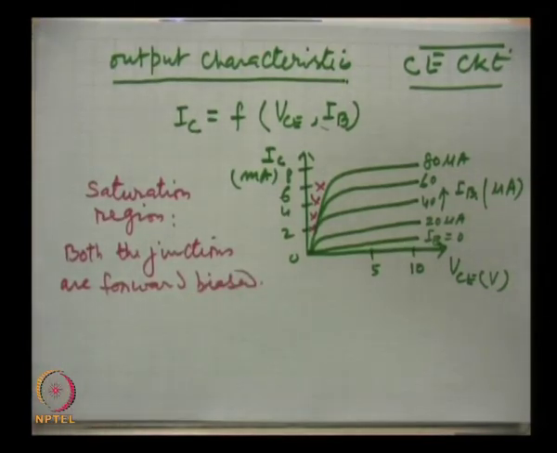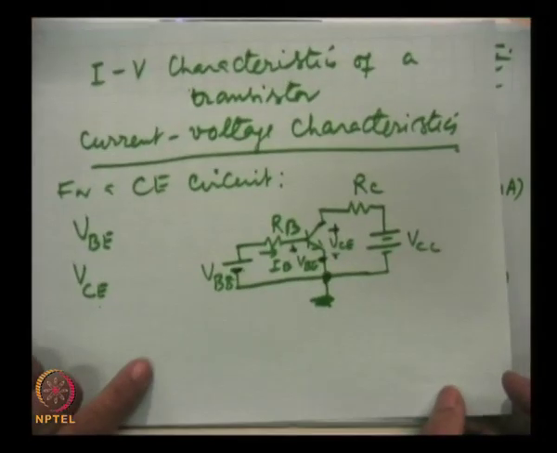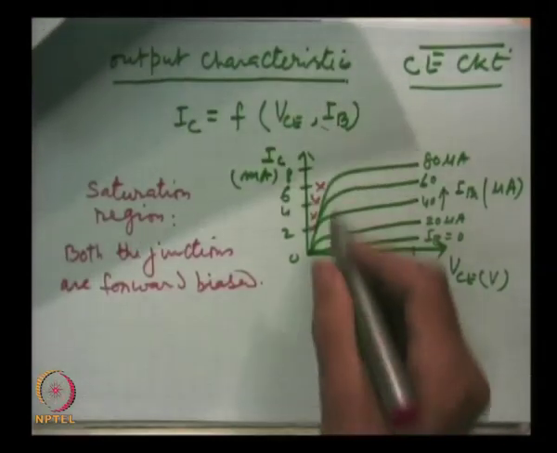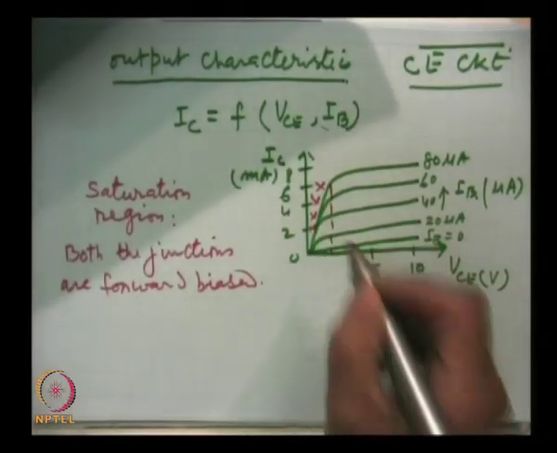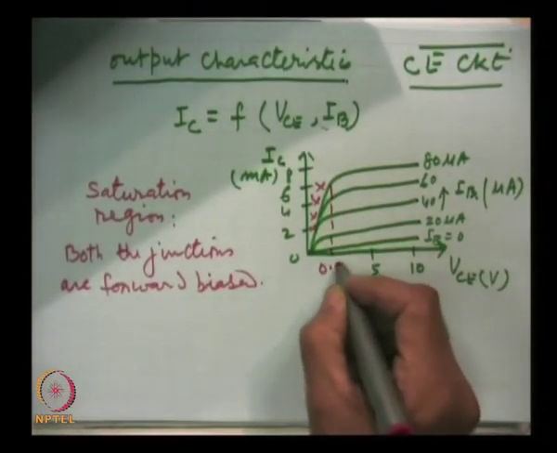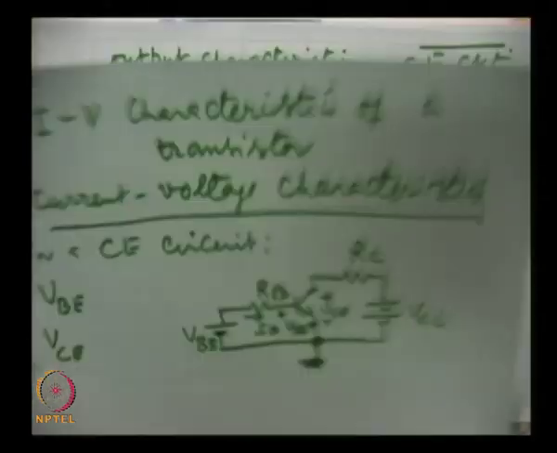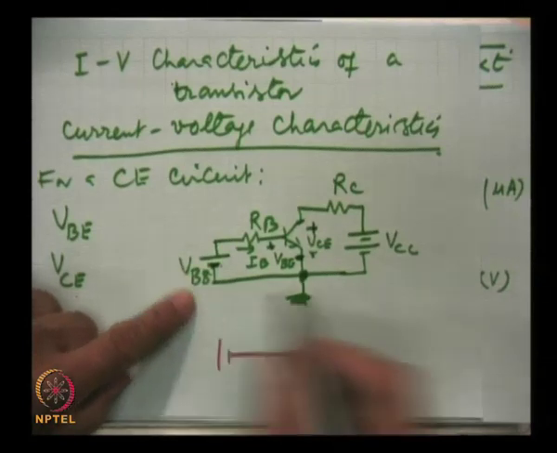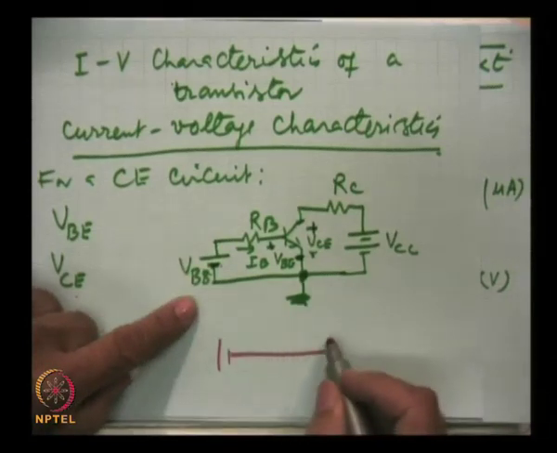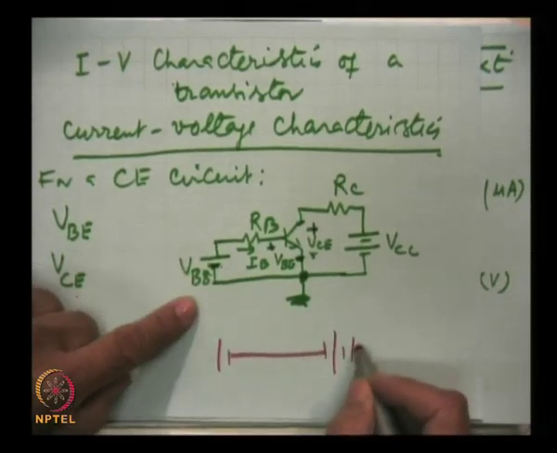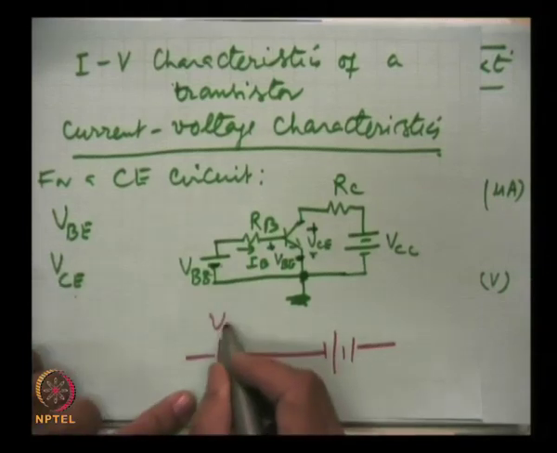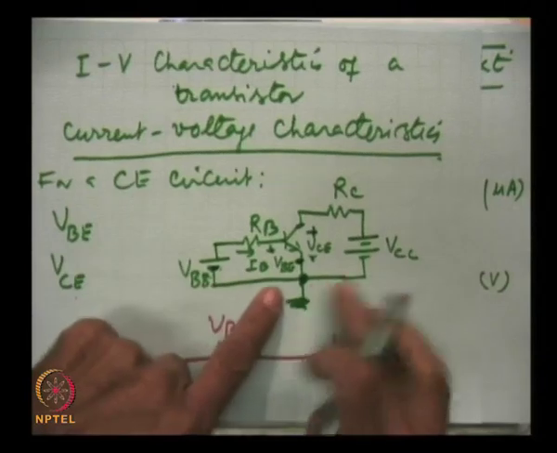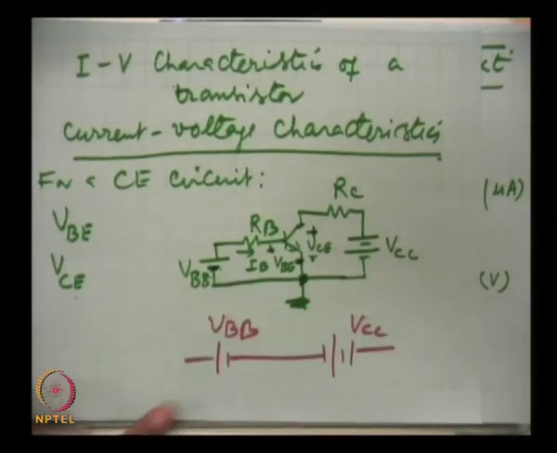Look here, when this VCE is very small, and actually for a silicon transistor this is just 0.2 volts. So, when these are the 2 batteries, this is VBB, this is VCC, I have put them just in one line, they are in series.